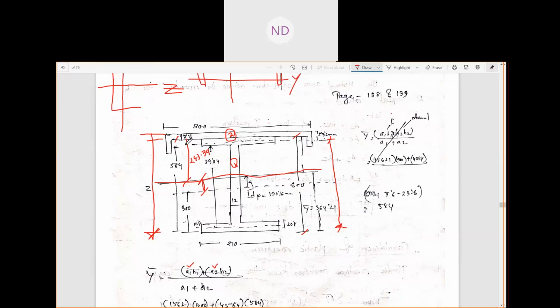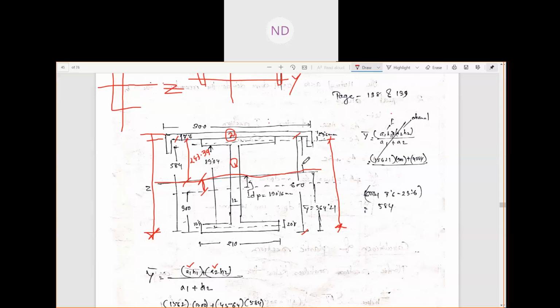This is 243, this distance. This entire 600 minus this distance, the CG of the entire built-up member, will give you this distance. And we have to calculate what? We have to calculate the distance, H square. H square was what? H square is the distance between the CG of the entire built up member and the CG of the channel section, because it is H2. So how are we going to find out this distance?